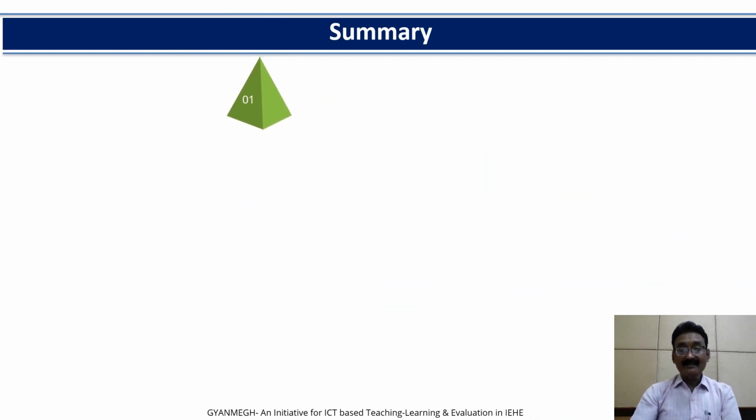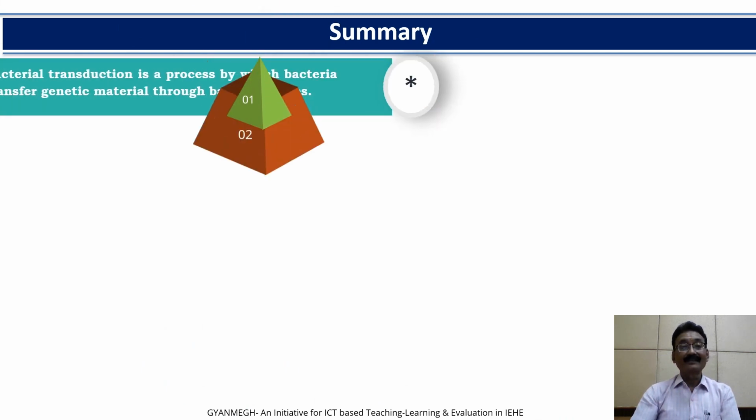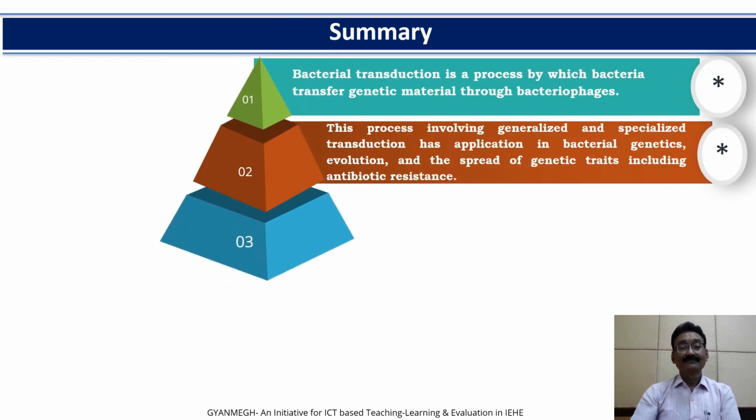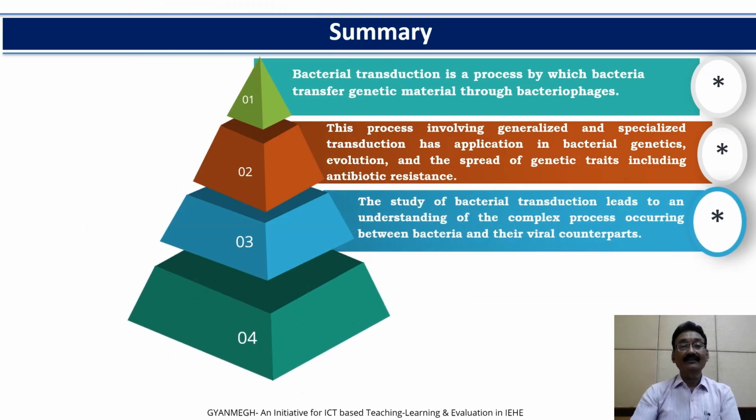If you summarize the whole transduction process, bacterial transduction is a process by which bacteria transfer genetic material through bacteriophages. This process, involving generalized and specialized transduction, has applications in bacterial genetics and evolution and in the spread of genetic traits including antibiotic resistance.